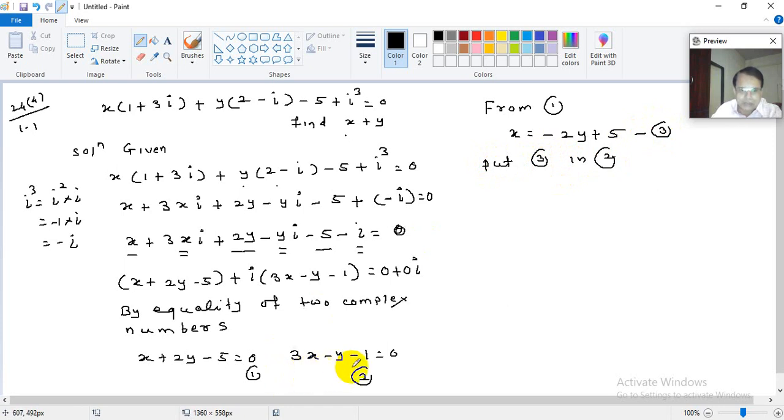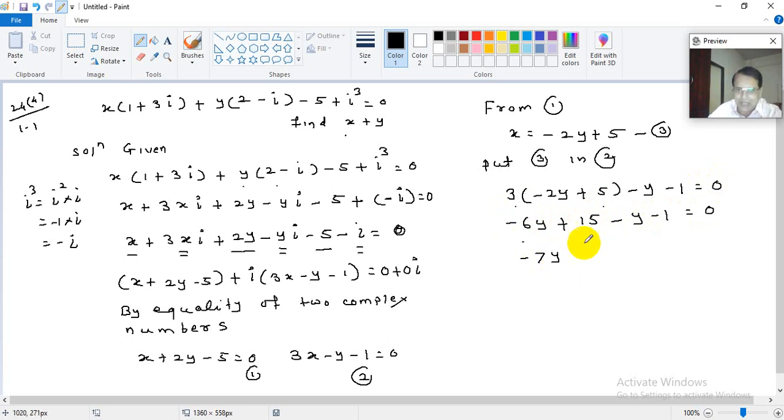Equation 2 is 3x - y - 1 = 0. In that we will put the value of x. So 3 into (-2y + 5) - y - 1 = 0. What I get: -6y + 15, then -y - 1 = 0. So -6y - y is -7y, and 15 - 1 is +14, equal to 0. Therefore 7y = 14, and so y = 2.